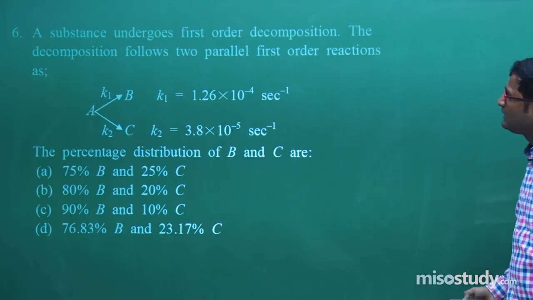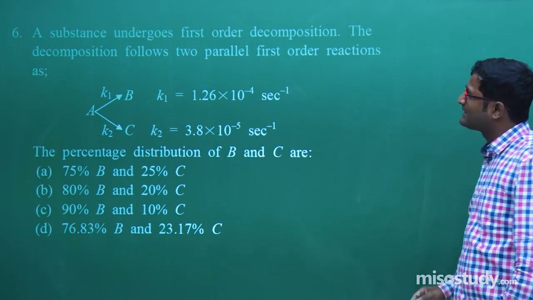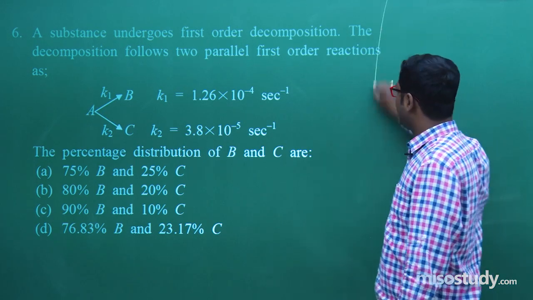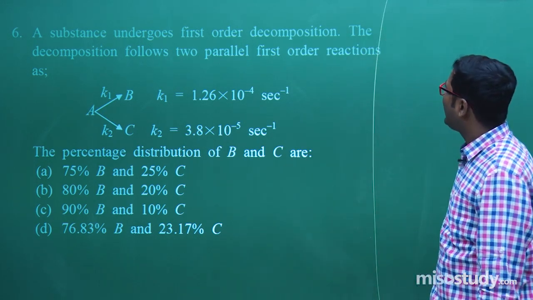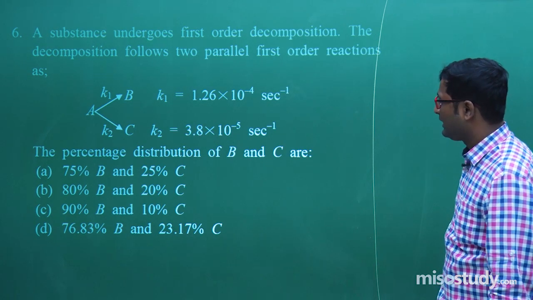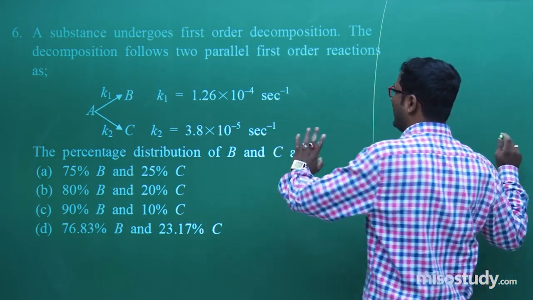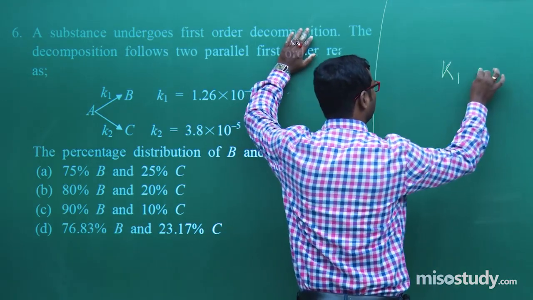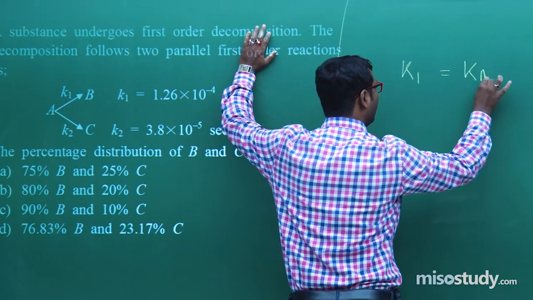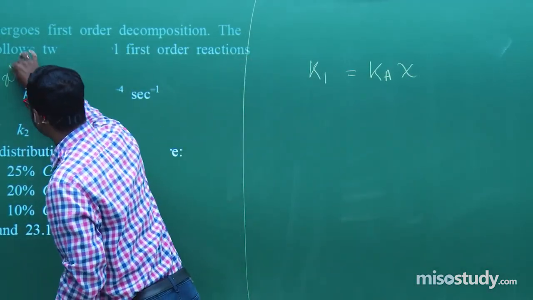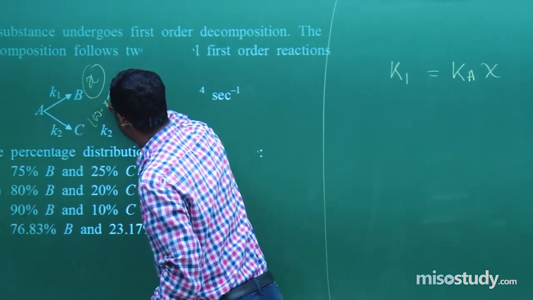The next one is question number 6. A substance undergoes first order decomposition. The decomposition follows two parallel first order reactions, K1 and K2. The percentage distribution, as we know for such a reaction, K1 is Ka multiplied by the percentage yield. The percentage yield of B is taken as x, and for C you may take 100 minus x.